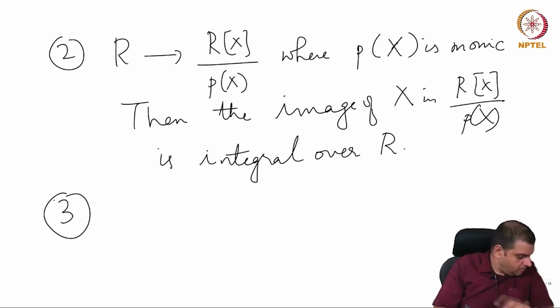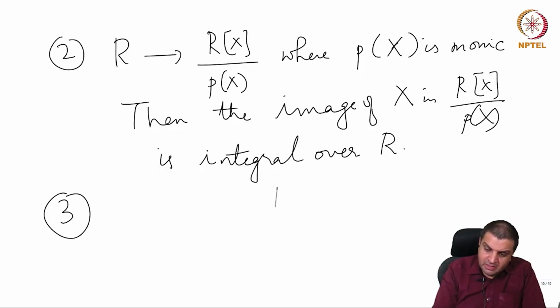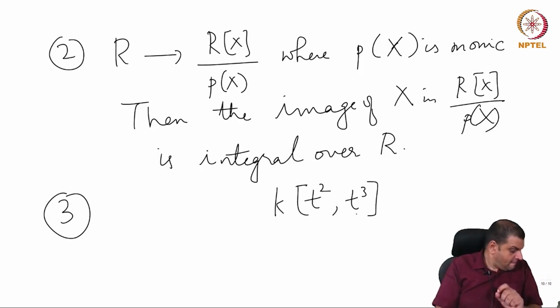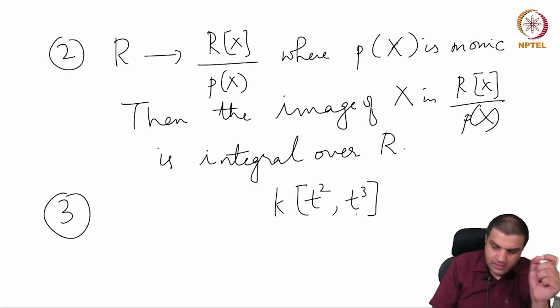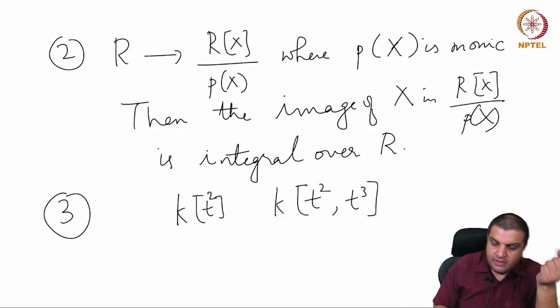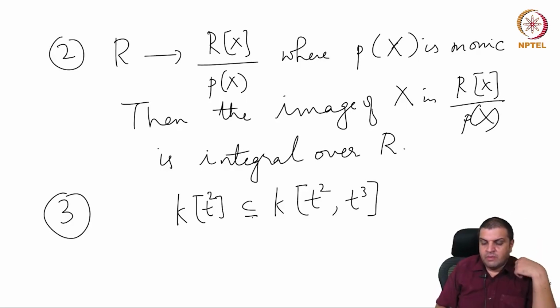3. Another ring that we have seen and we have become familiar with is this k[t squared, t cube]. Inside this, look at the subring k[t squared].